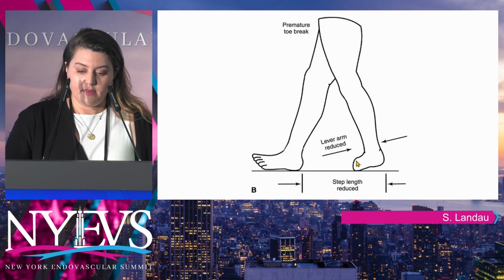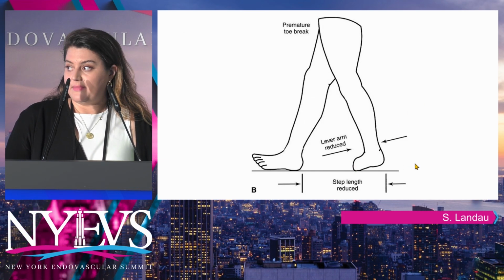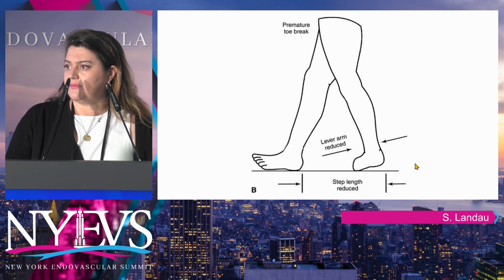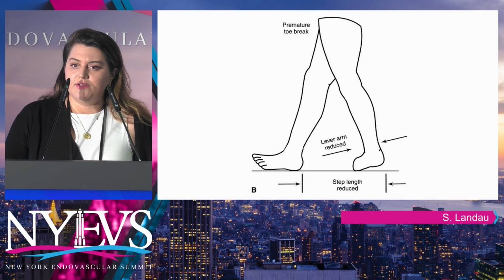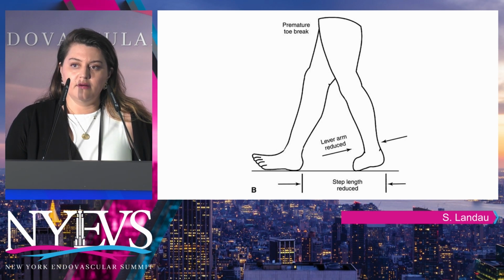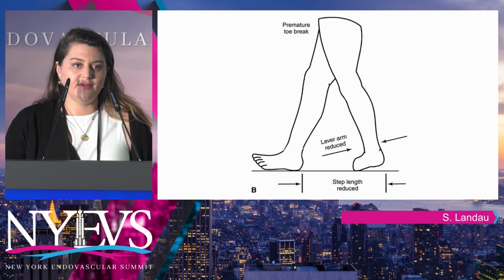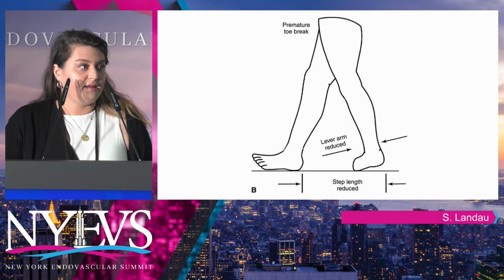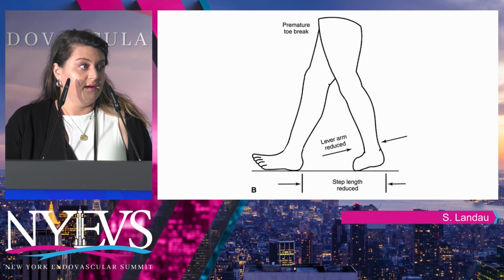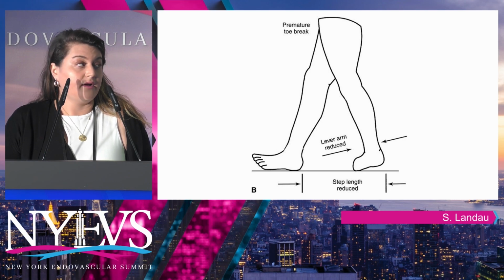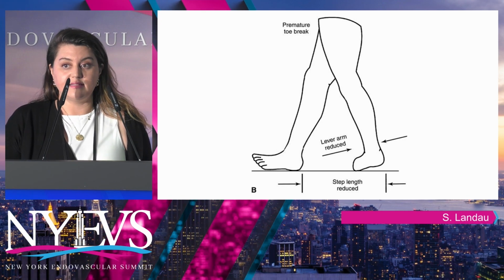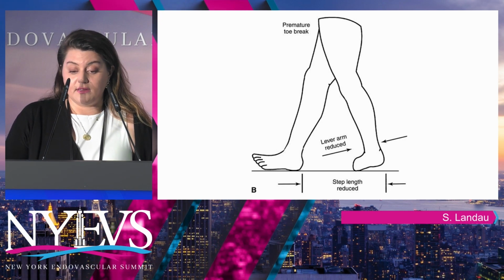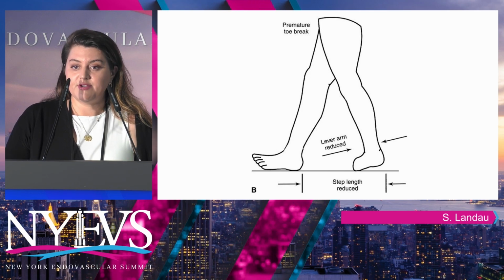So right here, the lever arm is going to be reduced. What do you think that does to the affected side? Do you think it requires more force on that hip and knee joint? I think so, but they have to have the power, right? The patient has to have the power of their hip and knee to utilize it more, or it's going to sort of resemble a steppage-like gait.